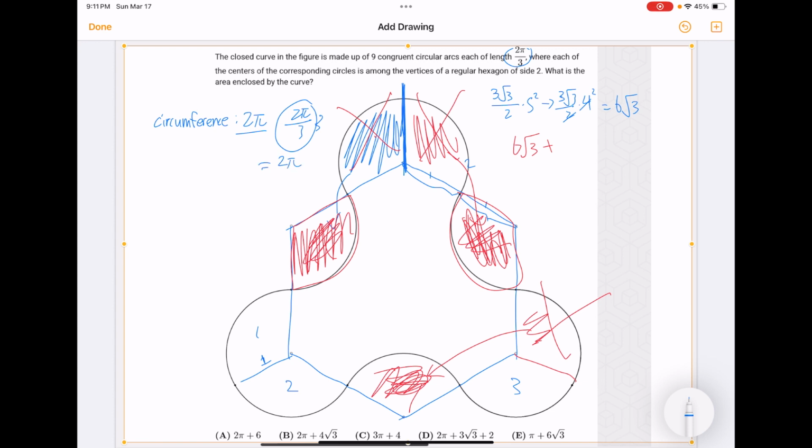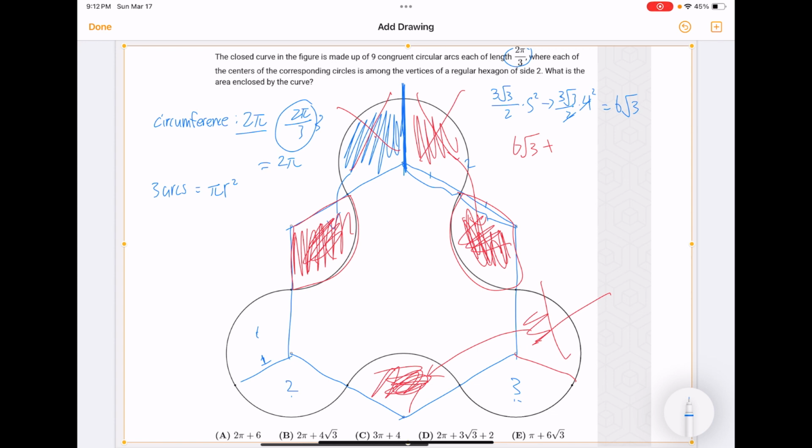Therefore, we now know that if you add up the area of 3 arcs, we would get pi r squared, which is the area of a circle. And perfectly, we have 3 arcs that we need to solve the area for. So we don't even need to solve for each of the arcs and then add them together, because we already know that the sum of the area of the 3 arcs is equal to pi r squared.